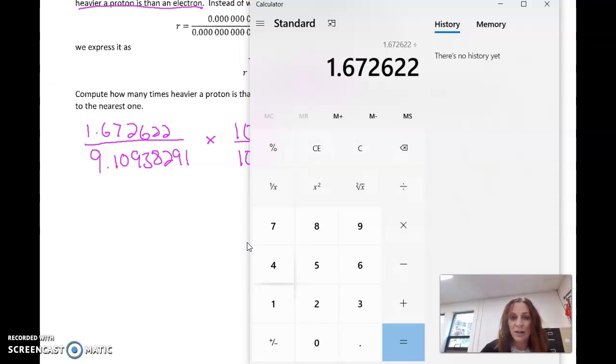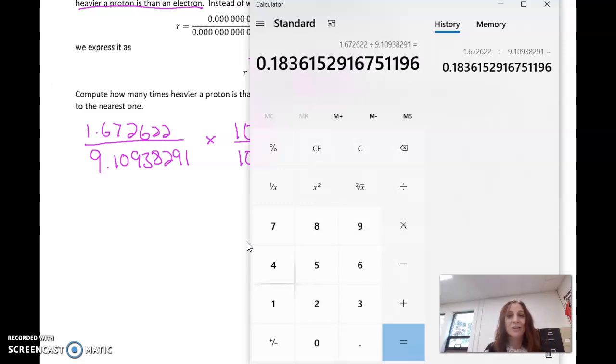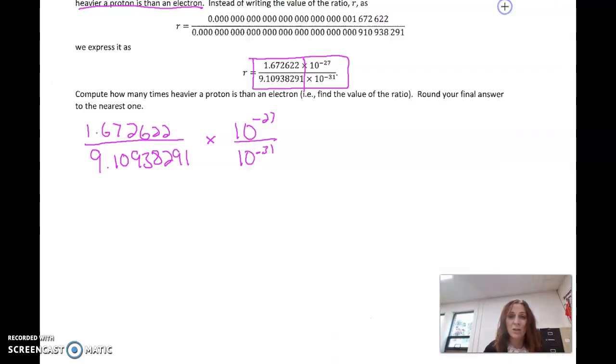1.672622 divided by 9.1093829. Obviously, there's going to be some rounding taking place here. So I'm going to say that this is approximately equal to 0.1836553, we'll leave it there, times 10. Now be careful with the exponents here.